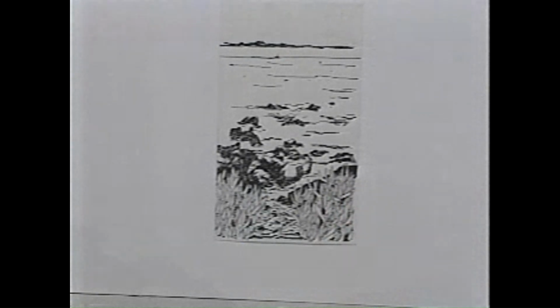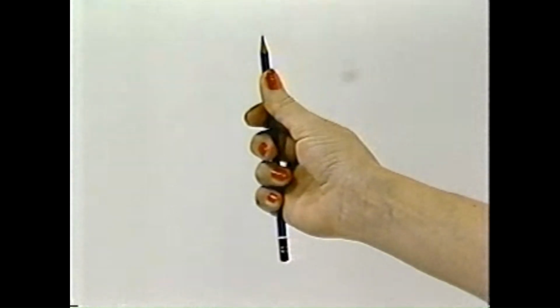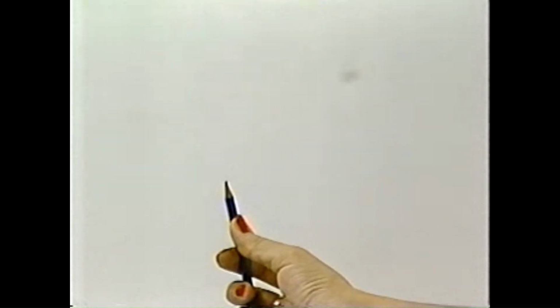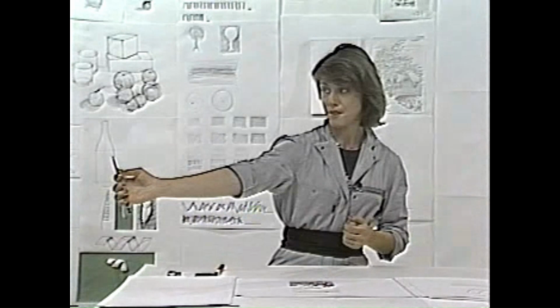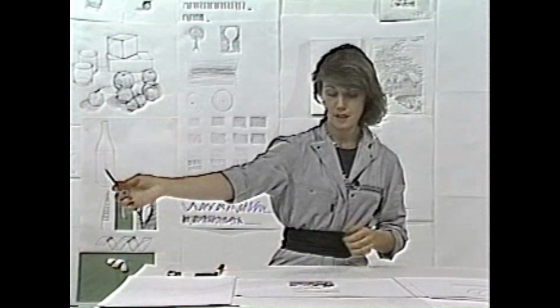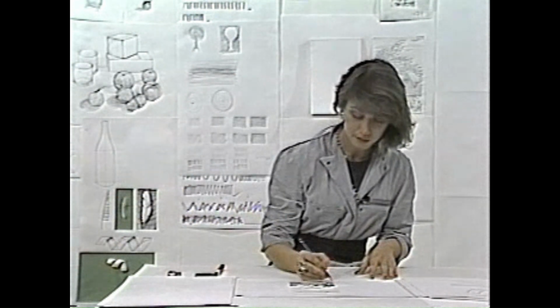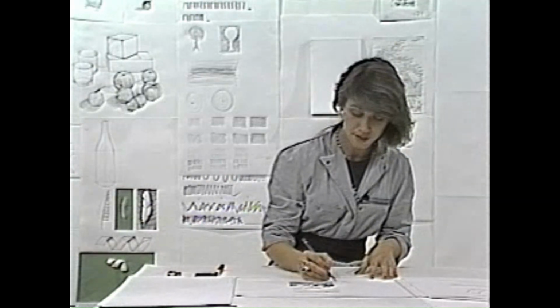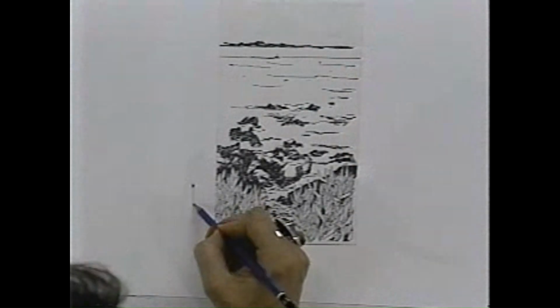we measure. We take our pencil in our straight arm, and we look at our pencil, and with our thumb, we measure. We look at the grass, and we see how long the grass is till here. And then we draw it. We see that long is the grass, so we draw it only this long.